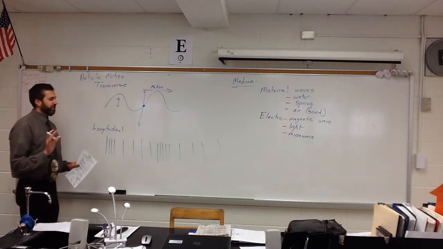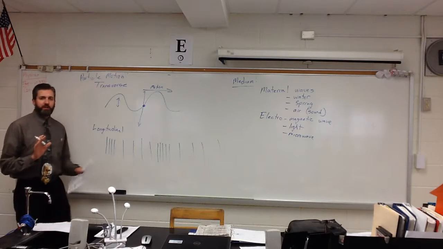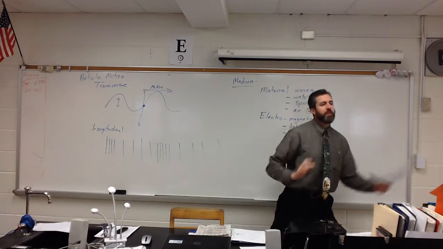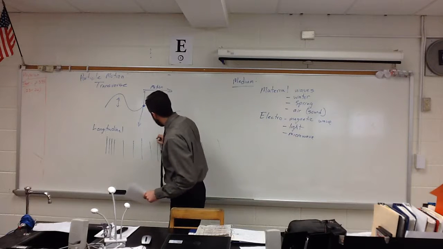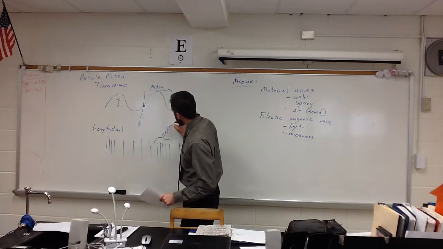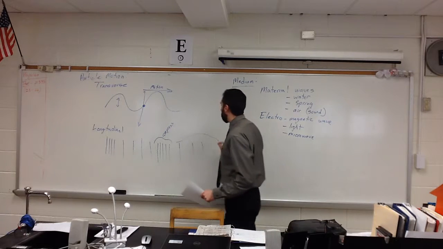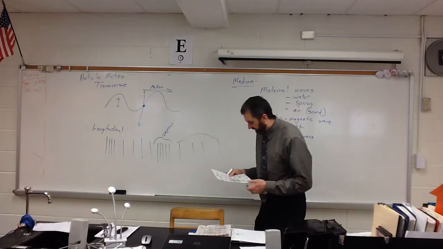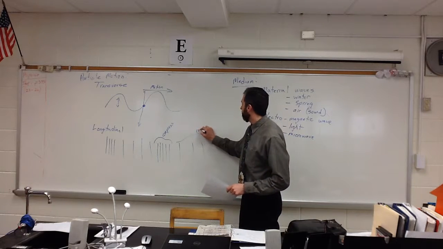So it's kind of like a caterpillar. Like a caterpillar goes like this. You're compressing, so this here would be compressed. And then you're rarefacting, or you're stretching. Okay? So you compress and you have a rarefaction.